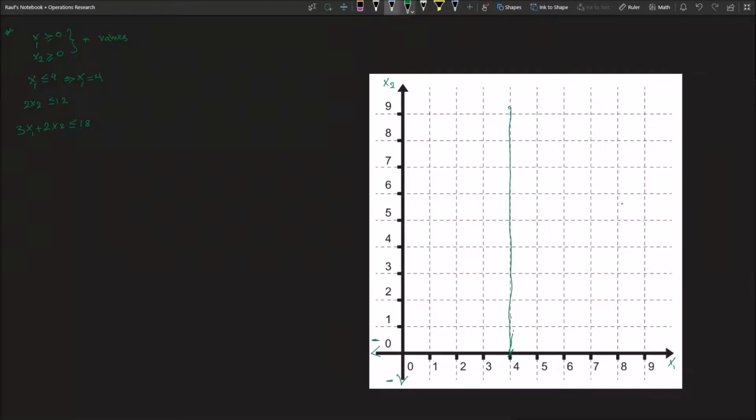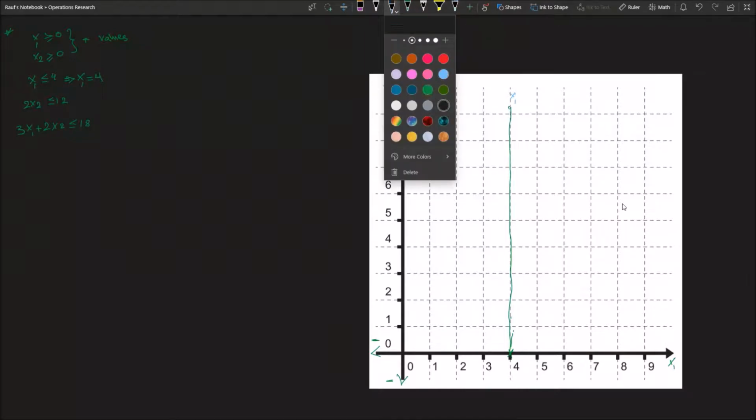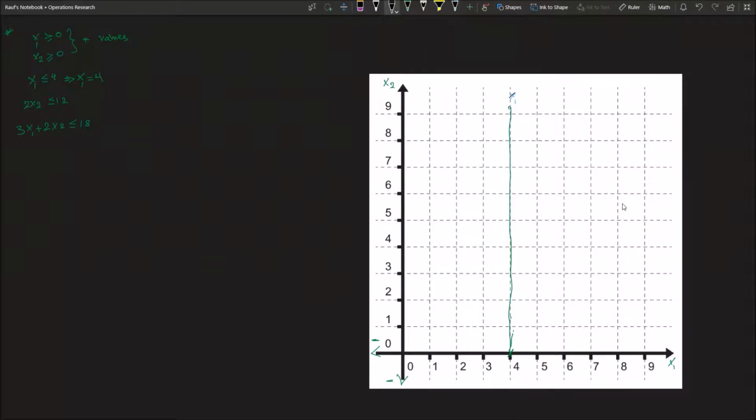So let's change the color here. Let's choose black maybe for this case. So x1 equals 4. That's the representation of that constraint. Then we have here 2x2 less or equal to 12. This can be said as x2 less or equal to 6.